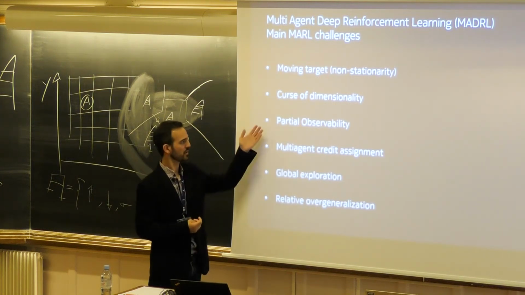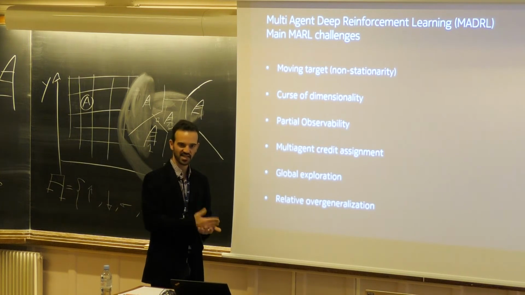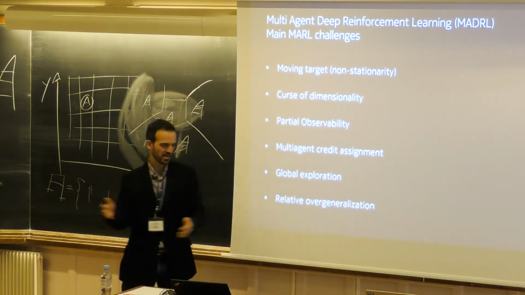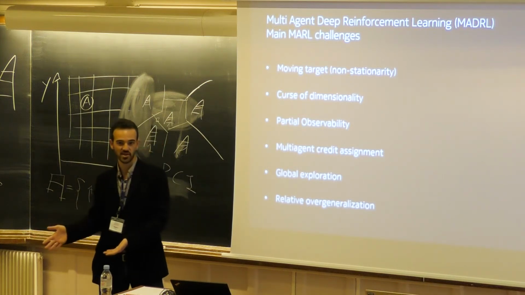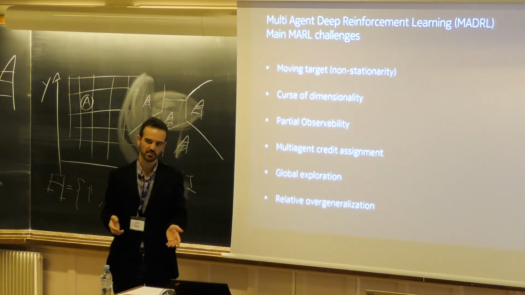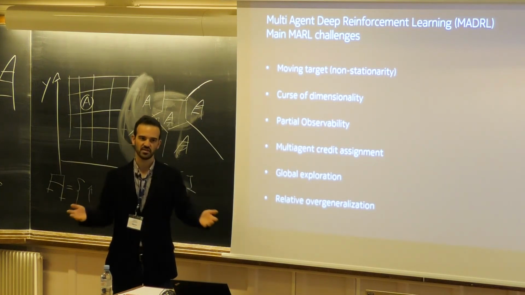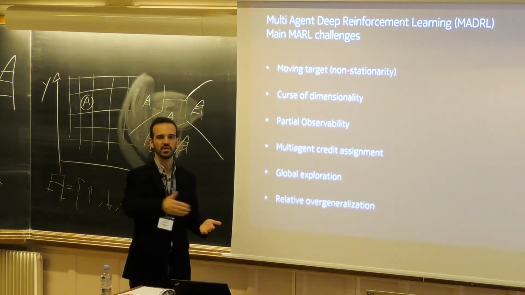So this problem of partial observability means that an agent may be on a state and take an action and land on a different state. But 10 milliseconds down the road, it's again on the same state, it takes the same action, but the result is completely different. And that's just because other agents that the agent cannot see have taken different decisions. Okay? So how do we disambiguate these transitions?